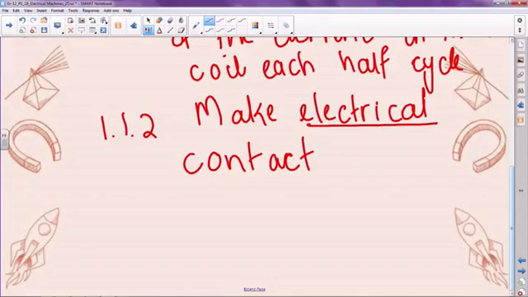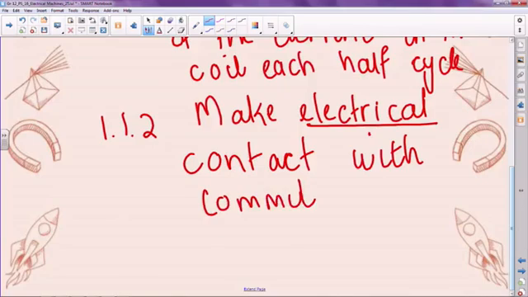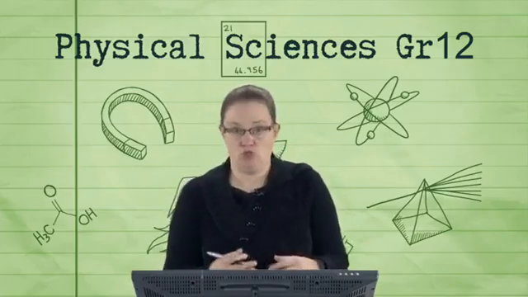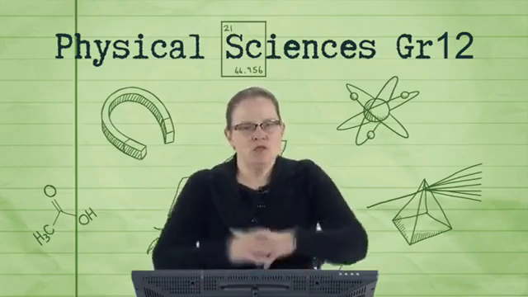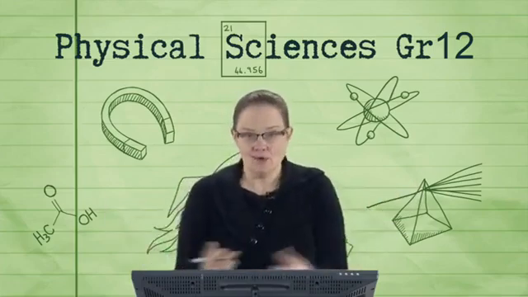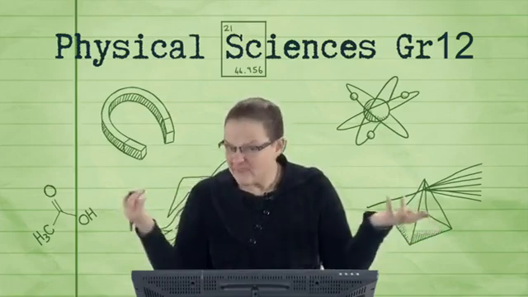That's the point, to make sure that there's a complete electrical circuit. So it's to make electrical contact with the commutator, and the commutator is always connected to the coil. There's no issue about that, so let's not stress. It's to make sure that our circuit remains complete, otherwise we won't have any current.